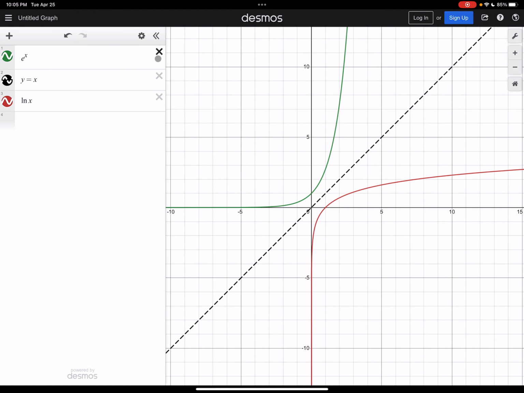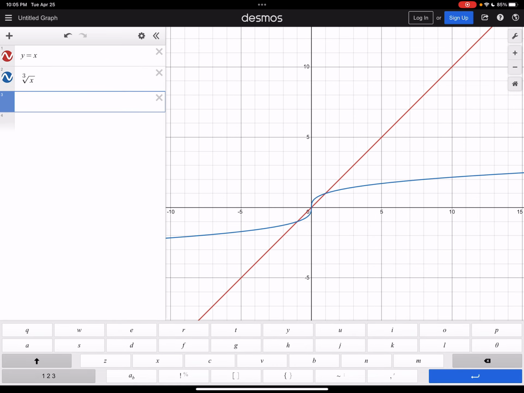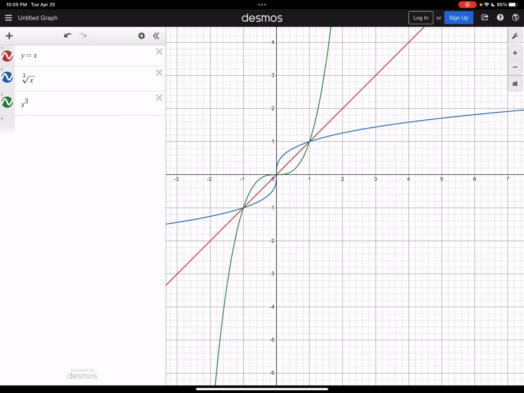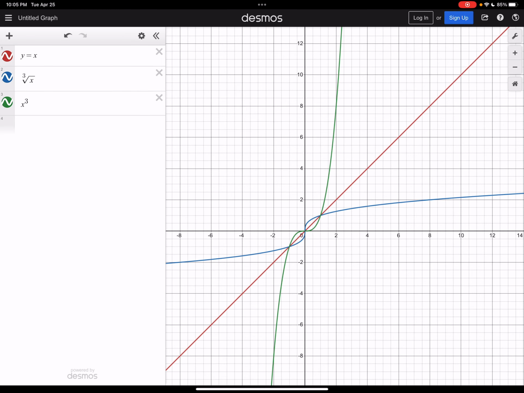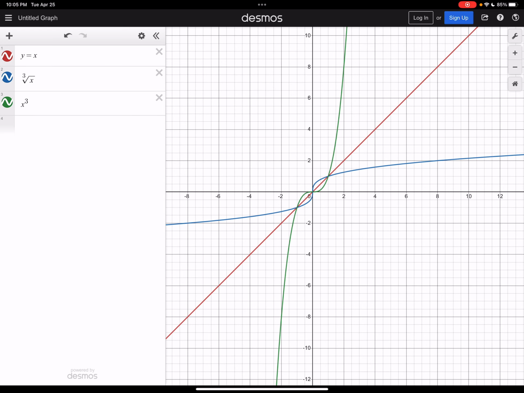You could do this for all of them. I really like cube root. So cube root x versus x cubed. See how they're mirrored, perfectly across that y equals x line. So this is a way to tell whether functions are inverses graphically.